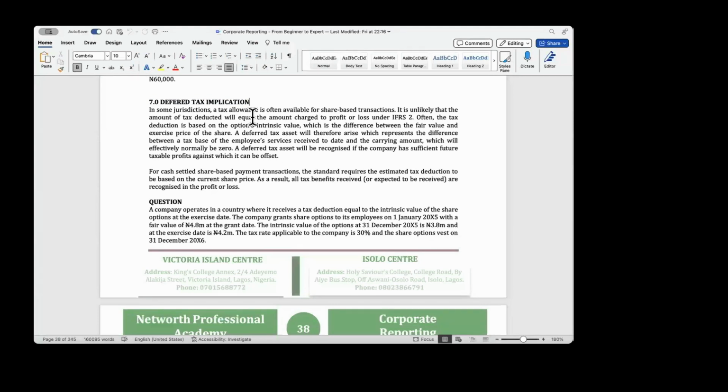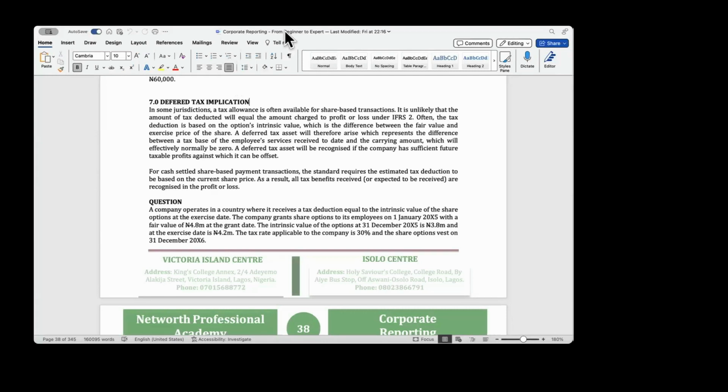So when there are temporary differences, then by the time you apply the tax rate on that temporary difference, you would get a deferred tax. So today now, what we are saying is this: temporary differences arise from a share-based payment transaction. That is what we want to look at.